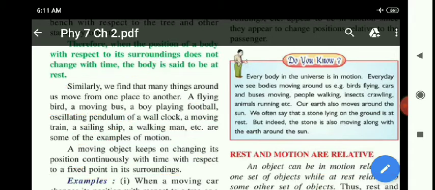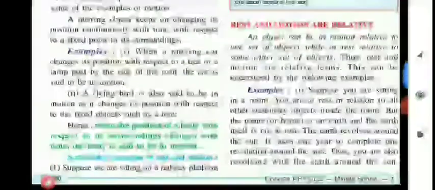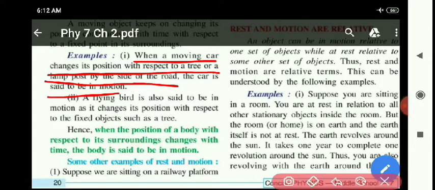Now come to the examples of motion. When a moving car changes its position with respect to a tree or a lamppost by the side of the road, the car is said to be in motion. When a car is moving, many things pass by it, that is the tree and lamppost, so the car is in motion.